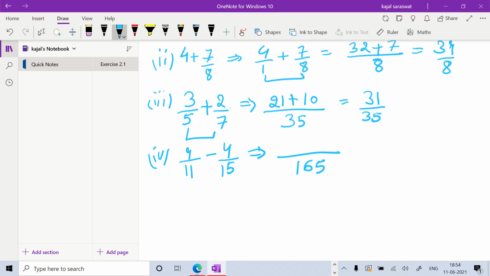Now we have to multiply 9 by 11 into 15 by 15. So 9 into 15 is 135, of course. Minus 4 by 15, we have to multiply by 11 by 11. So it is 44. Now the answer is 91 upon 165. It is a very easy question.